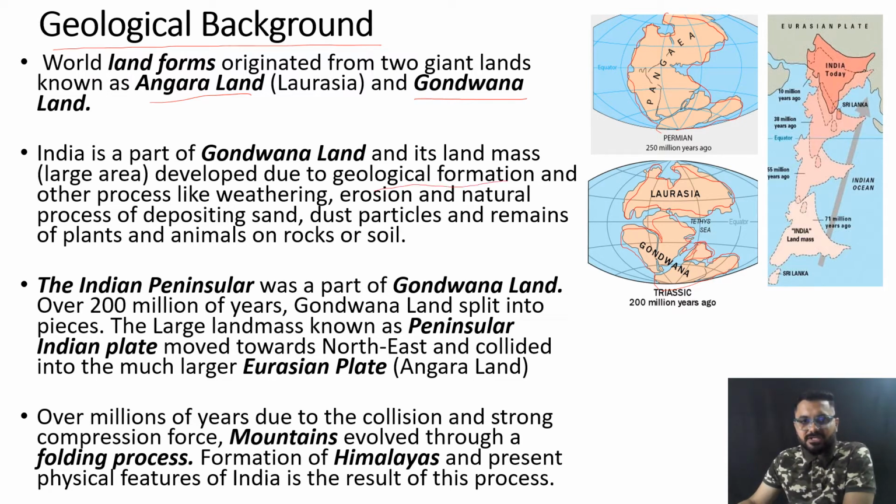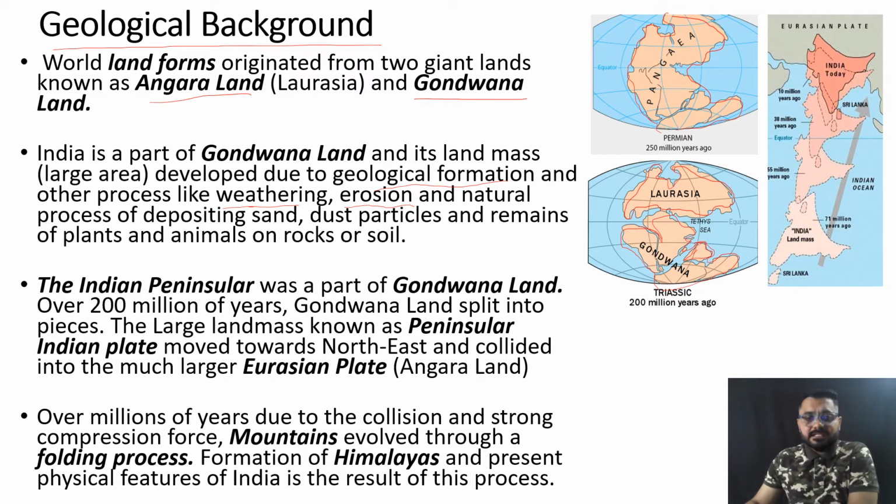Now what are geological formations? The changes happening on the landforms due to the processes of weathering, which means breaking up, and erosion, which means moving those particles and depositing them somewhere else. So due to these geological formations, the land masses were developing.